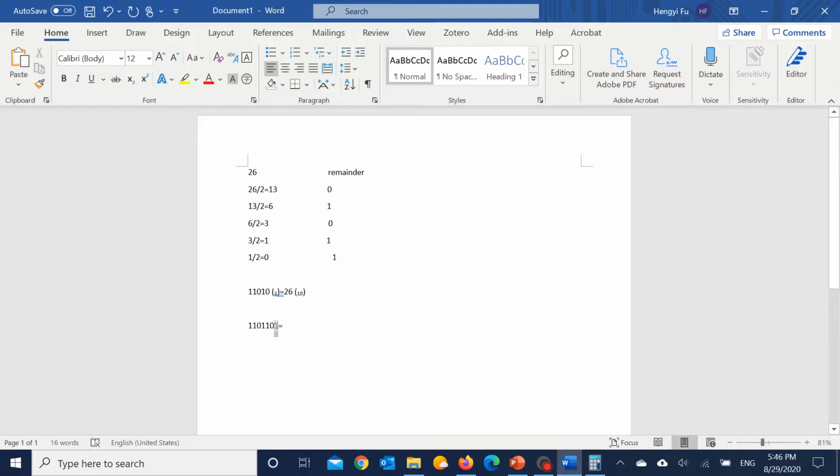For this one, we should start from this one. So this one should multiply by 2 to the power of 0. And this 0 should multiply by 2 to the first power. This 1 multiplied by 2 to the second power.